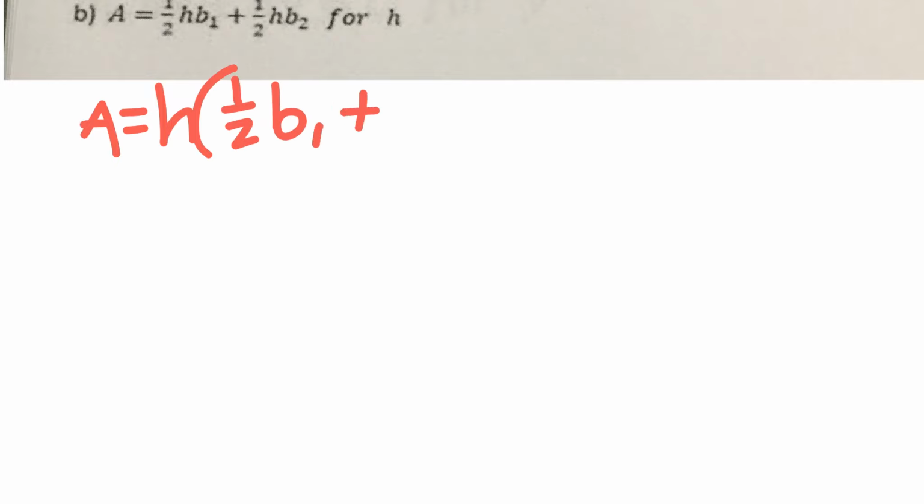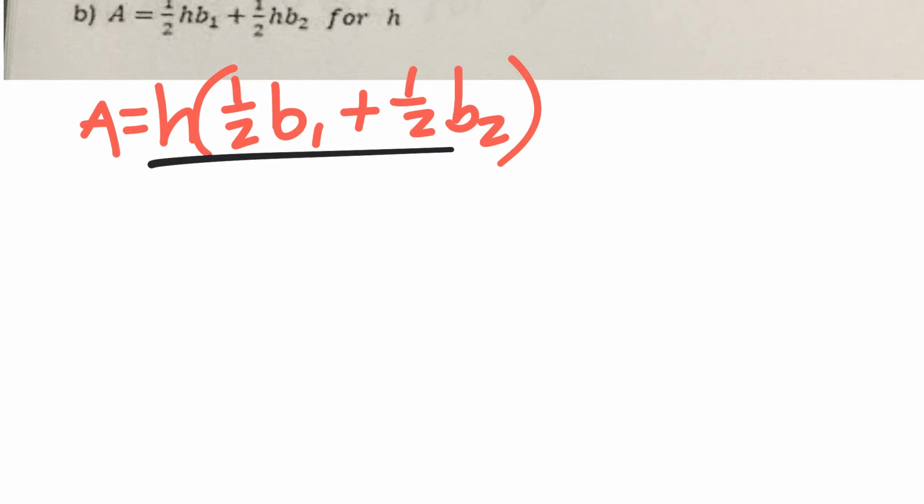Okay, I could factor out an h. You could even factor out a 1/2 h if you wanted to. So let's look at what would happen either way you did it, and then you can make a decision which one you like better. If I just factor out an h, which is normally the way I would go, because I'm trying to get the h by itself, it leaves me with 1/2 base 1 plus 1/2 base 2.